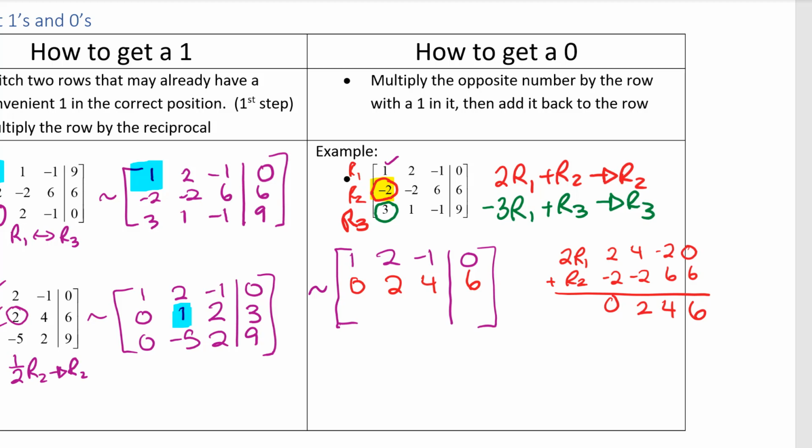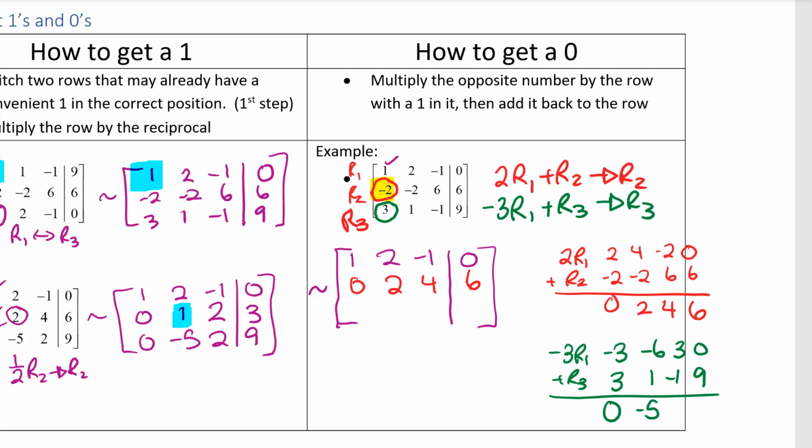And then I'm going to do my work off to the side in green. Negative 3 times row 1 plus row 3. So row 1 is going to be multiplied by negative 3. So 1 times negative 3 is negative 3. 2 times negative 3 is negative 6. Negative 1 times negative 3 is positive 3. And 0 times negative 3 is 0. Then I put row 3 right underneath it. When I add down, I get 0. No big surprise there.